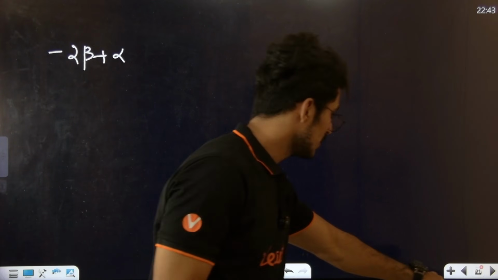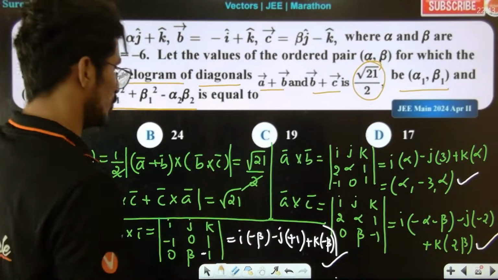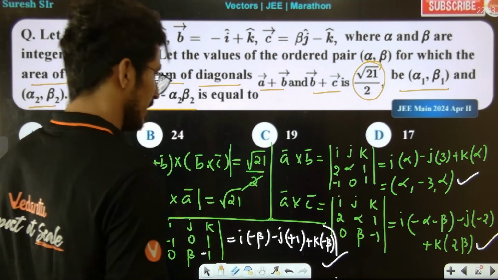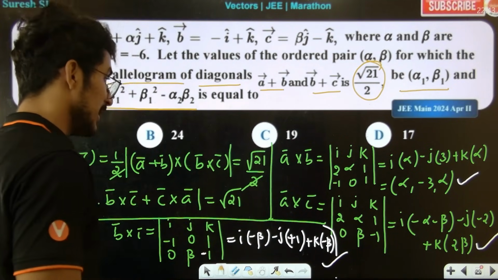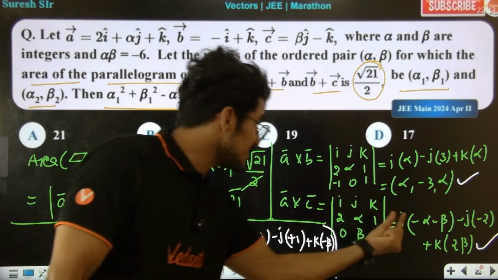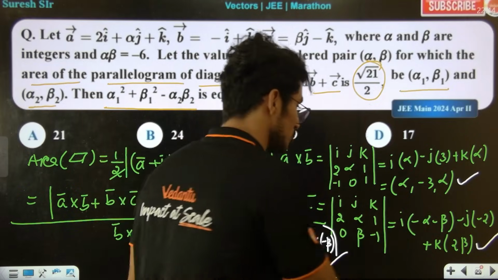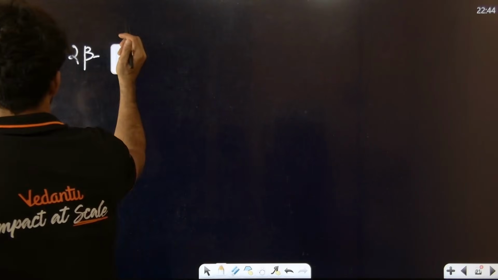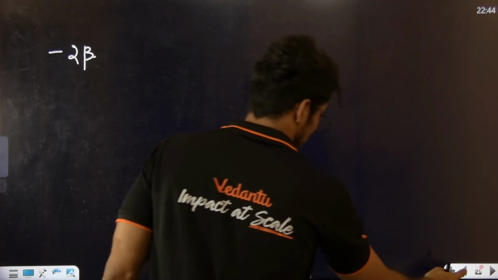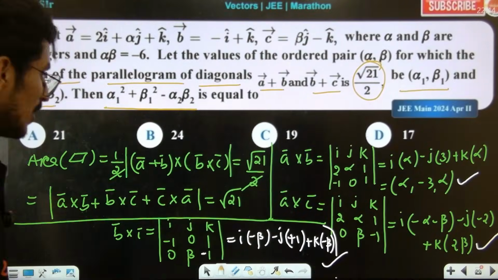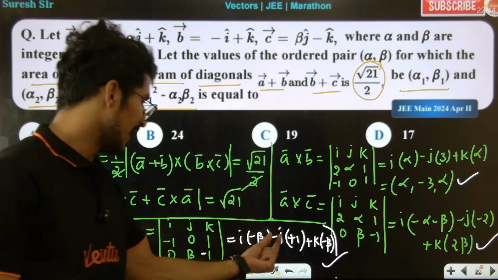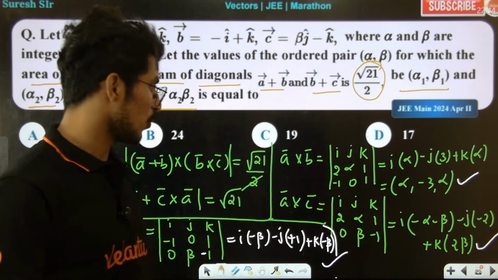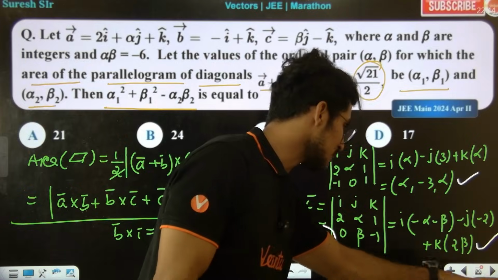Next, minus 2 beta, alpha, and then see here minus beta minus alpha or alpha. So minus 2 beta directly. Minus 2 beta, that's it. This is I component. Next, j component is what, sir? What is j component here? Minus 1, minus 3, minus 4 and plus 2.